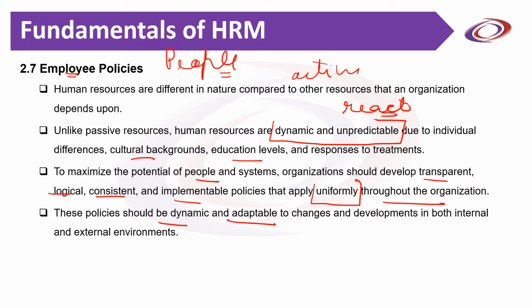So if such a question comes whether the policies are stable or can they stabilize over time, the answer would be no, they are dynamic, they rarely stabilize, and they have to be flexible and adaptable to changes in development, both in the internal as well as the external environment. So human or employee policy should be made keeping this in mind. Thus, in the field of management as well as in social sciences, these aspects are kept in mind when the organization is developing its policies.